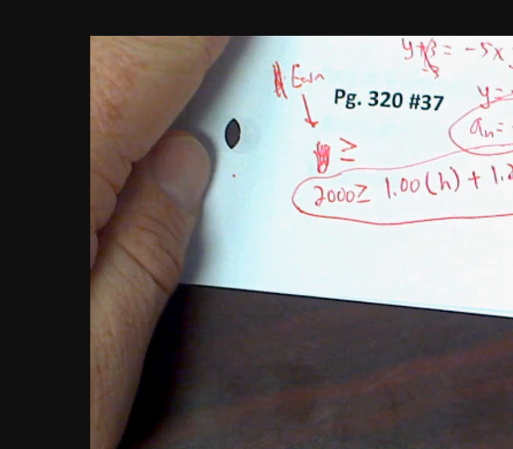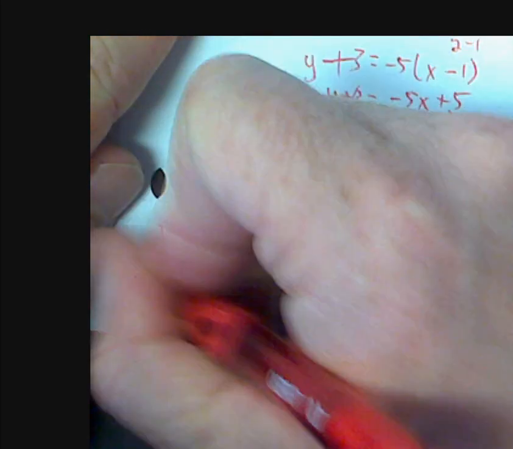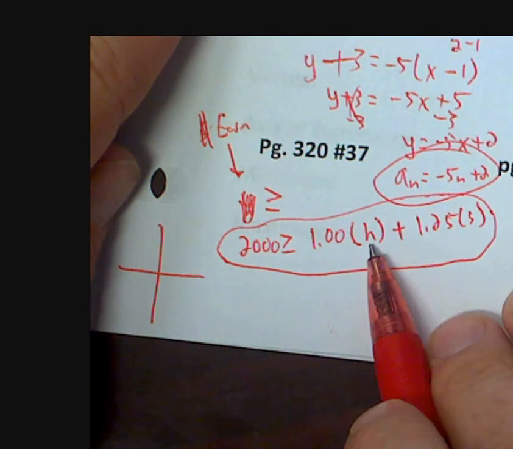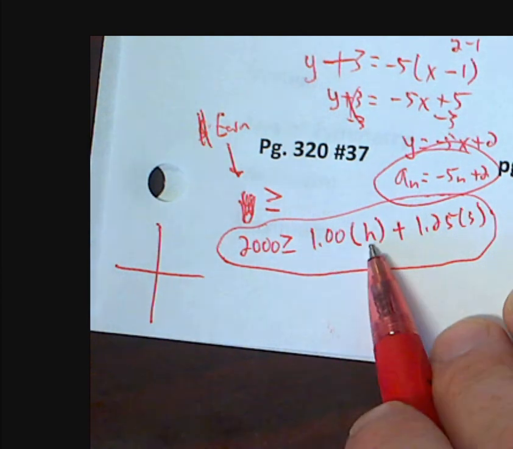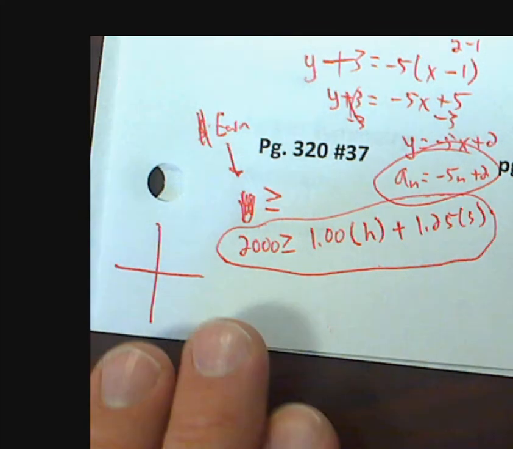Let's go back here, and since we have a little bit of time, I'm going to go ahead and graph this so I can show you how this works. I can plug in 0 for each and figure out where my x and y intercepts would be. So if I plugged in 0 here, I would get my s. 2,000 divided by 1.25 would give me 1,600.